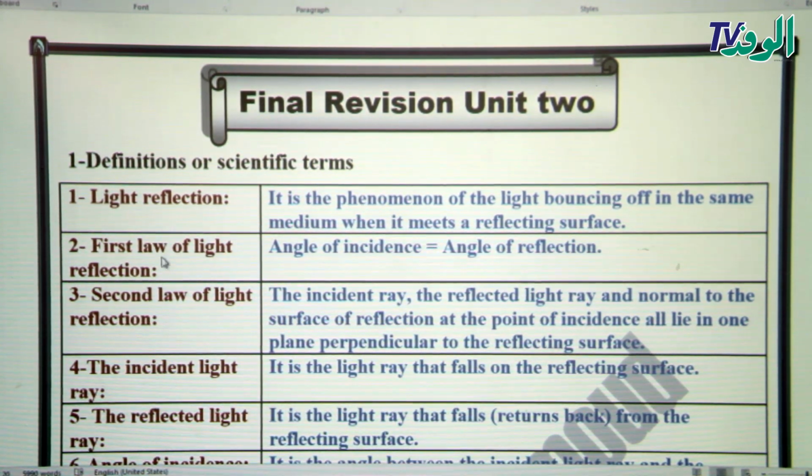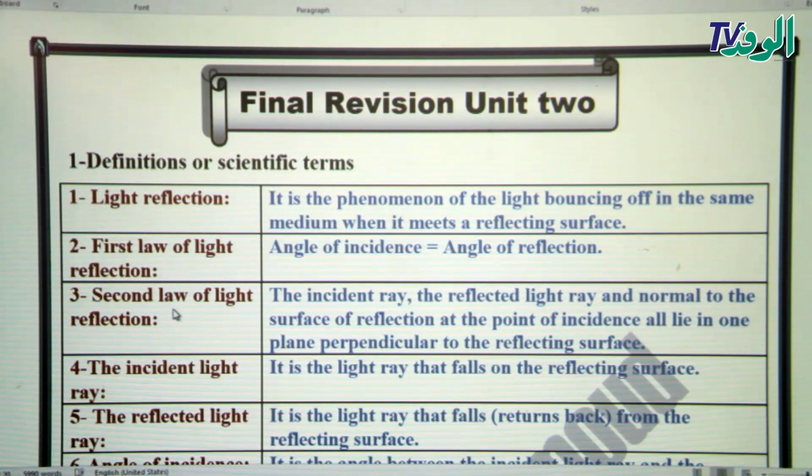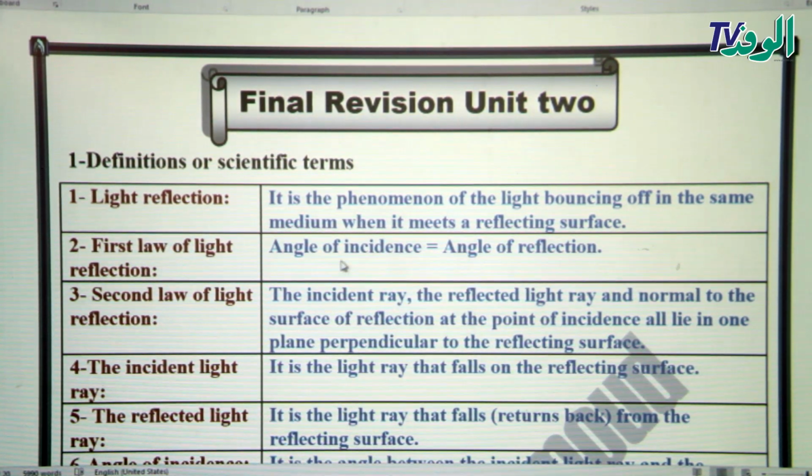Of course, light reflection has two laws, first and second. What did the first law say? Number one, the angle of incidence equals the angle of reflection.